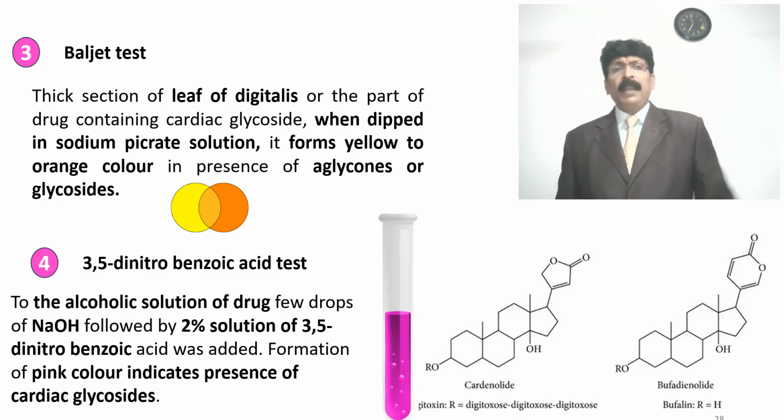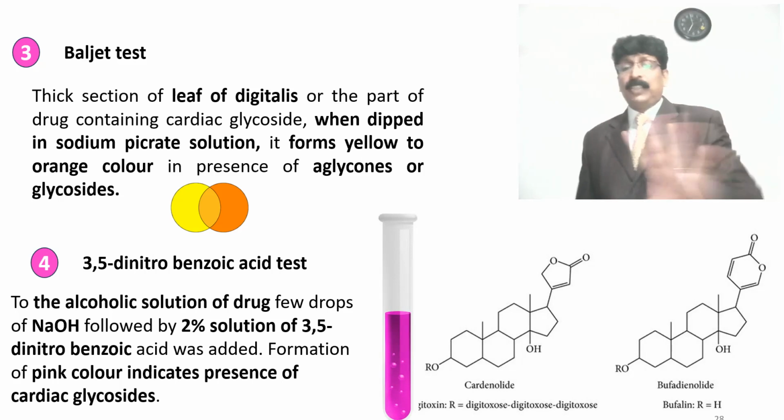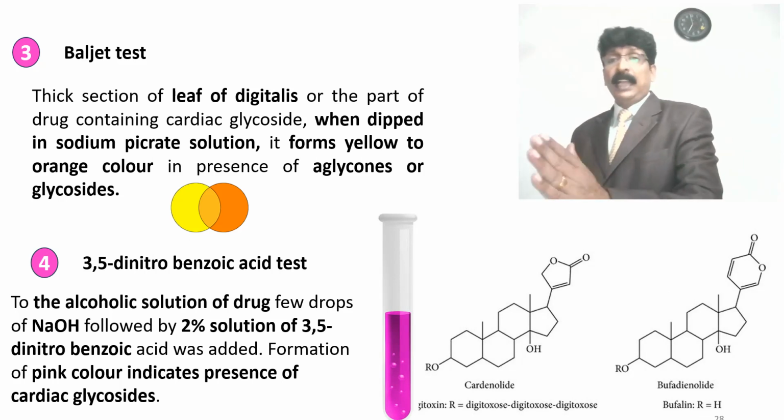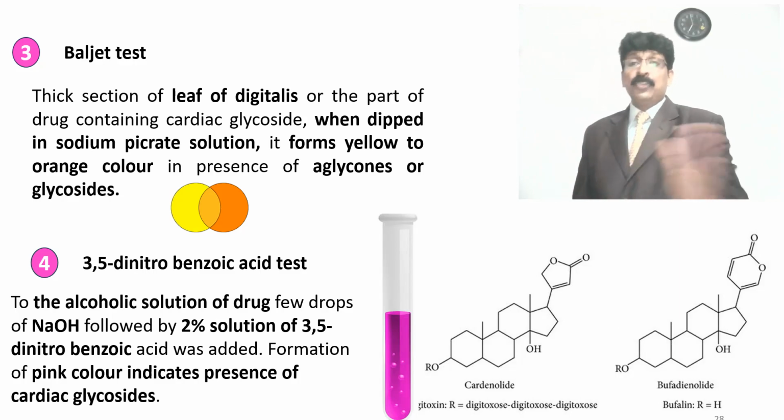Even before going to the next step, you should know that cardioglycosides are also of two types: cardenolides and bufadienolides. Bufadienolides are present in squill. Cardenolides are usually present in digitalis, and they have a structural difference.